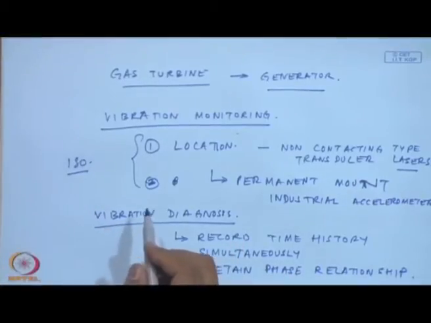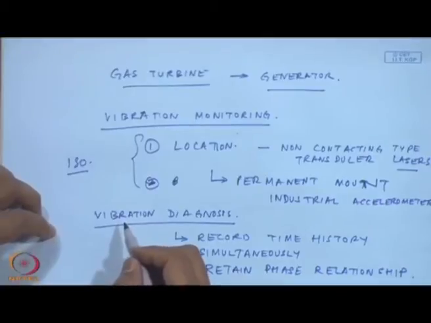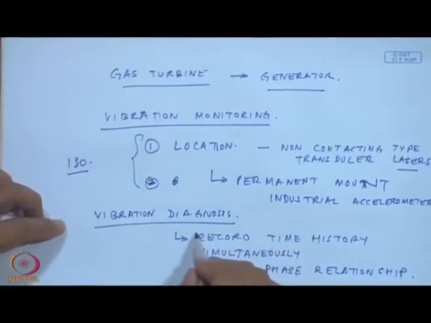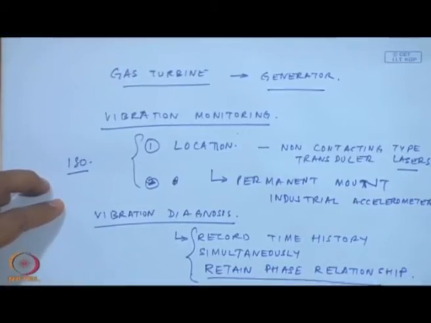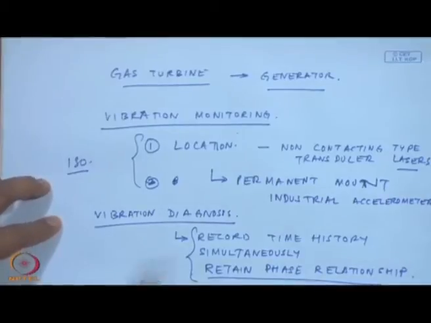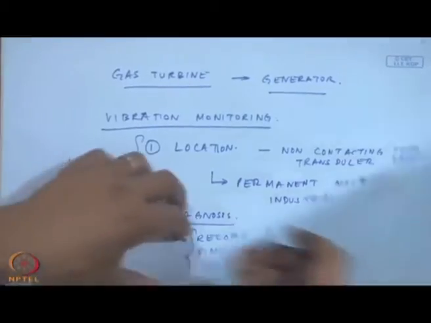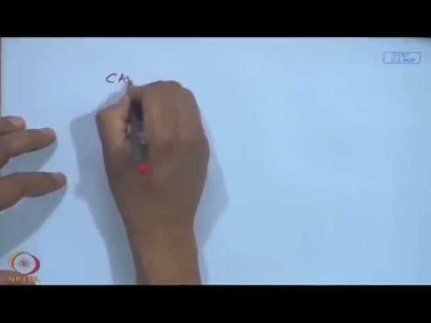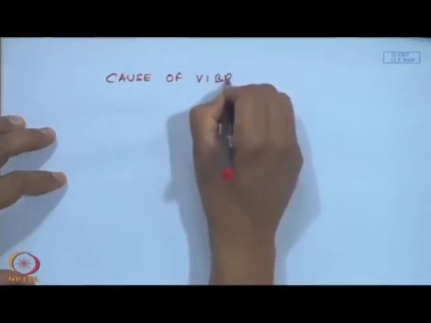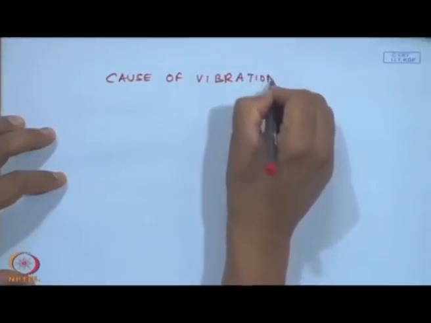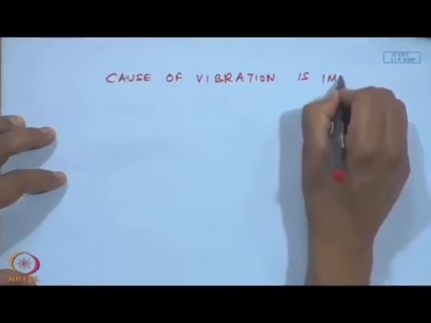So, as a condition monitoring and machinery fault diagnostics engineer, we would be more interested in recording the time history simultaneously, so that we retain the phase relationship, so that we can know the cause of vibration. That is important.